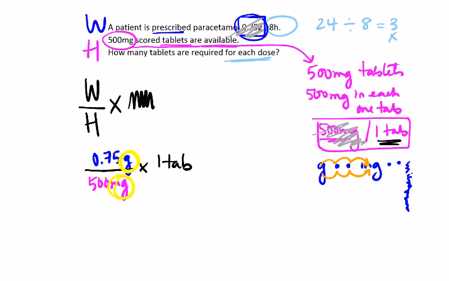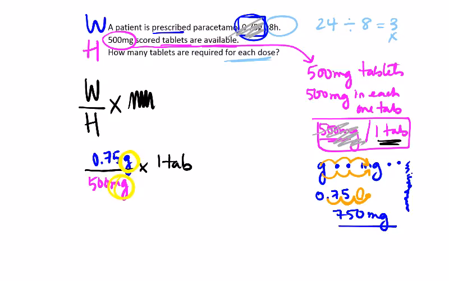So let's write that down here. 0.75, 1, 2, 3 places to the right, or multiply by 10, 100, 1,000. We made room for a 0. So our final answer there should be 750 milligrams. That 0 at the start doesn't need to be written.